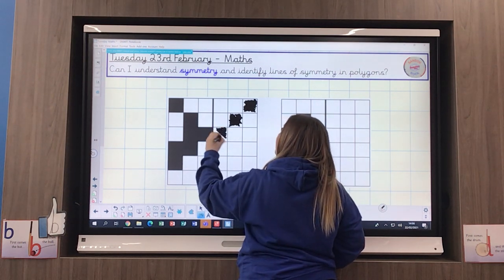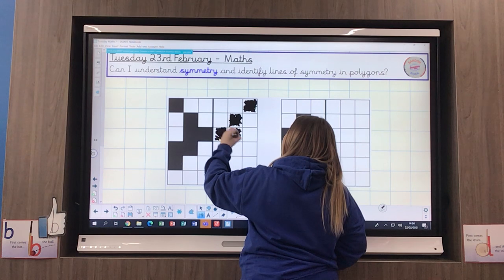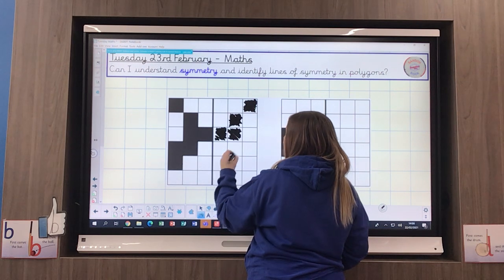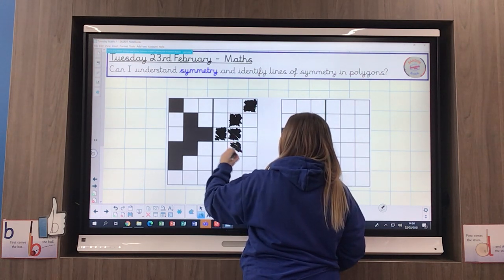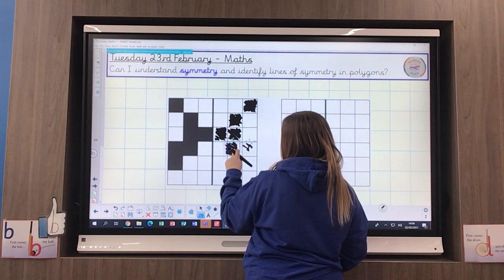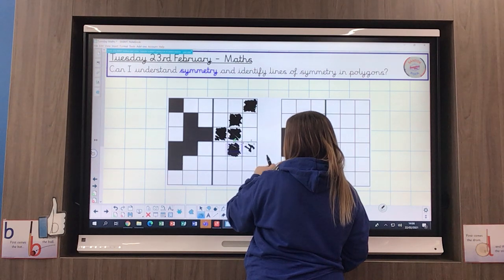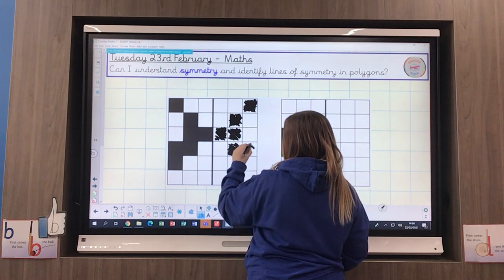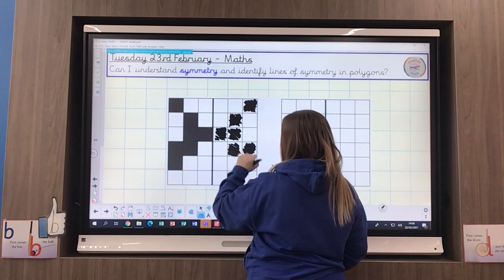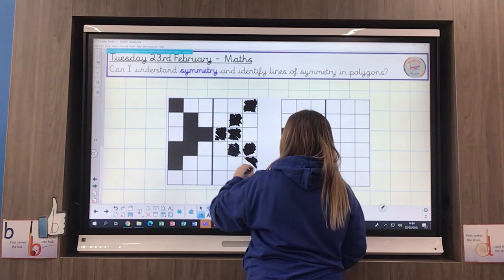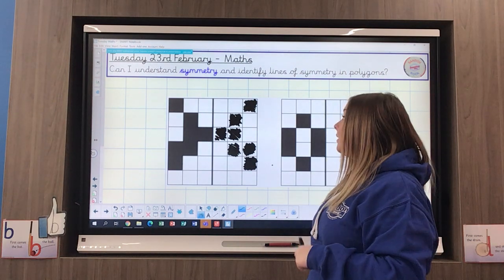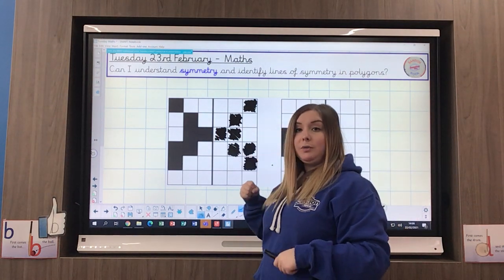So it's going to go black, black, white, black, black, white, white, black, black. And then a final one here. Okay, so you can see that I've copied that pattern onto this side.